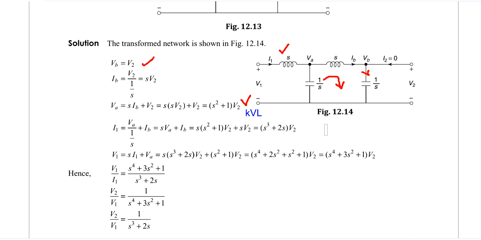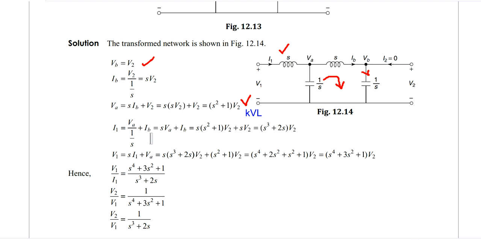And now what is I1? I1 is the current flowing in this first element. So I1 will be equal to VA by 1 by S, plus IB. Here they have applied KCL.